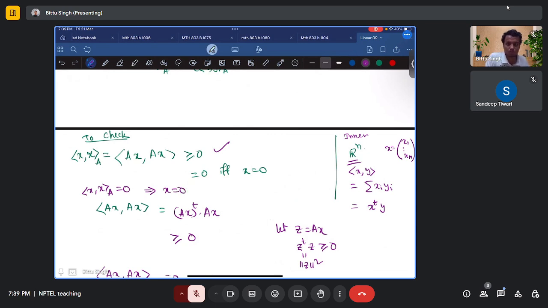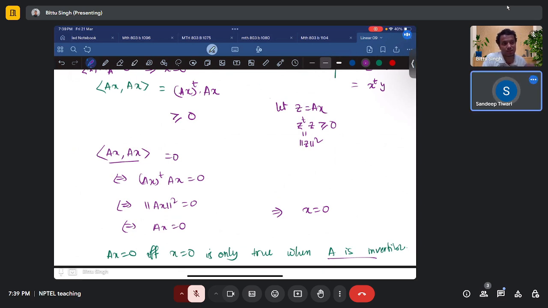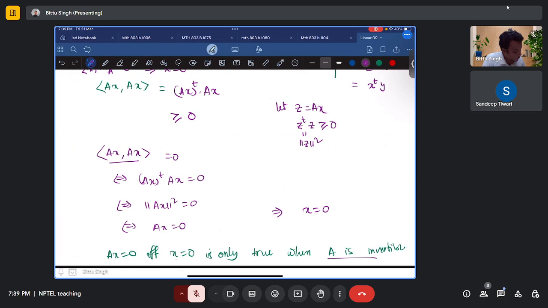Which condition is needed for this? So we are proving that x comma x equal to 0 will imply x equal to 0. This will only be true when A is invertible. If A is invertible, this will be true, but if not, then this is not true, because there always exists x which is non-zero for which Ax equal to 0.